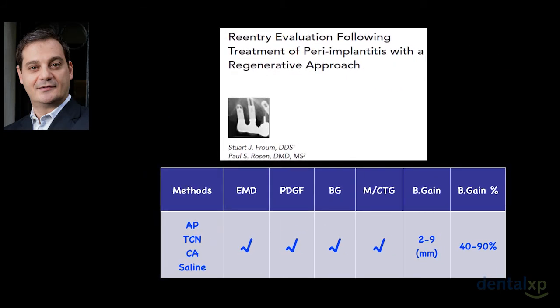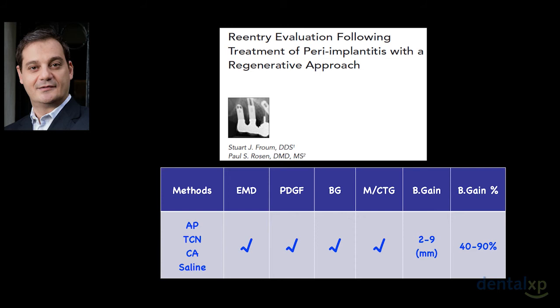So as you can see, the methods were the same: apically positioned flap, tetracycline, calcium. So again, it's about disinfecting, decontaminating the surface, and putting Emdogain, Gem21, bone graft, and connective tissue grafts.